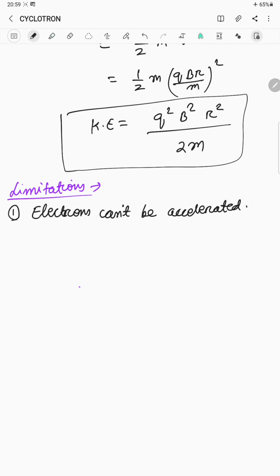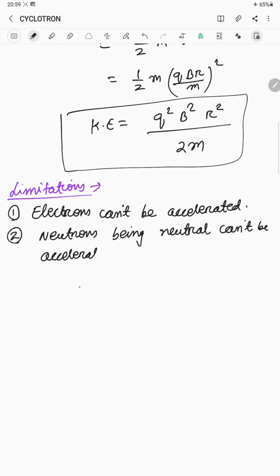The reason is that a large increase in their energy increases their velocity to a very large extent, so the electron will be thrown out of the oscillating field provided by the oscillator. The second one: neutrons, being neutral, can't be accelerated either. This is another limitation.